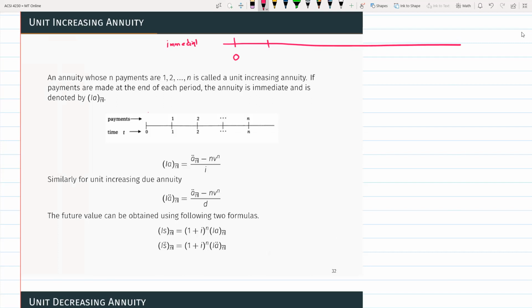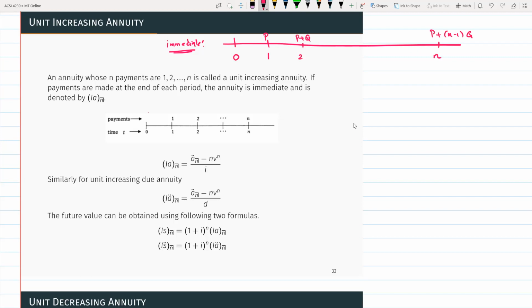So I'm developing a formula for arithmetic progression annuities, with the first payment at the end of the first time period. So this would look like this: P, then P plus Q, then at time n, P plus (n minus 1) times Q.